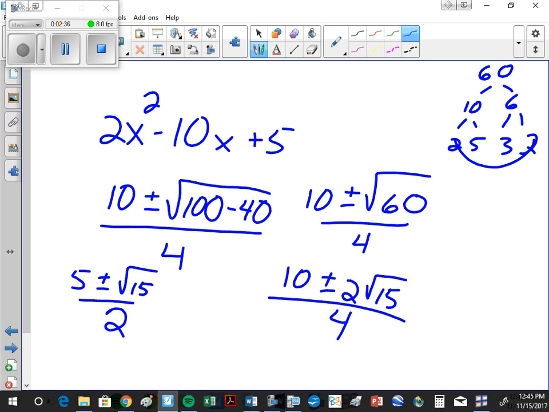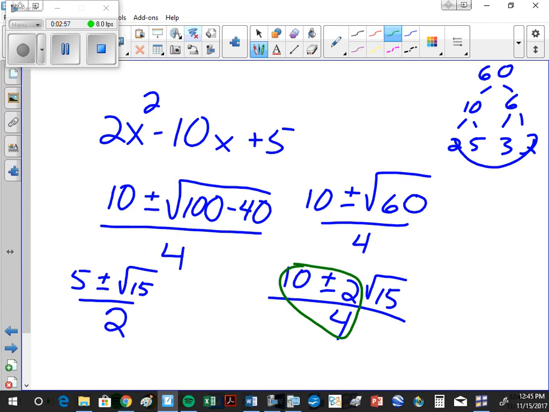Yes, the only way to simplify is if all 3 of these have a 2. And you cannot touch the inside of the square root, because it's not really a 15. It's the square root of 15. So you might say that there's a 3 and a 5 in there, but there's actually the square root of 3 and the square root of 5, which don't have any factors.